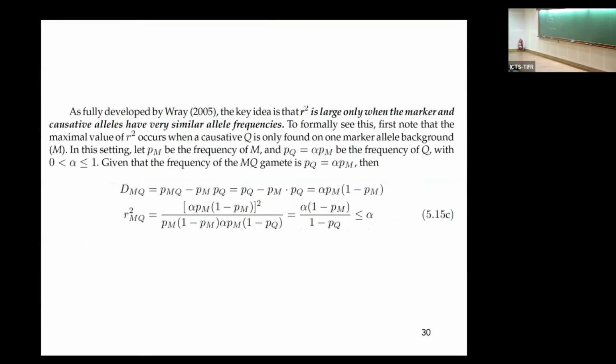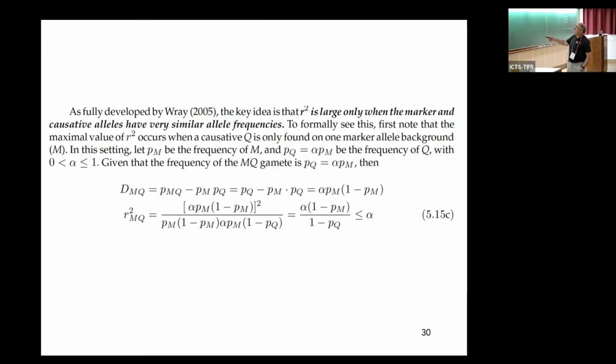In particular, Naomi Ray showed you can write the correlation between M and Q like this, where we're making the assumption, for the strongest signal, that Q is only found on a big M chromosome. Alpha is the fraction of big M chromosomes that contain Q. This is only 1 if all big M chromosomes contain big Q. There's perfect disequilibrium.